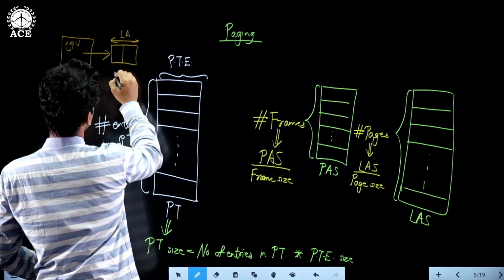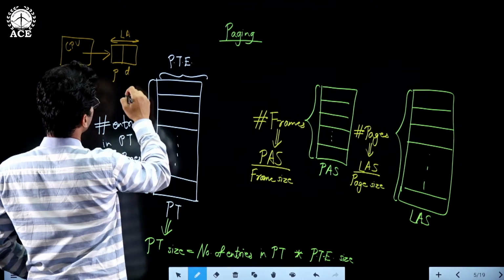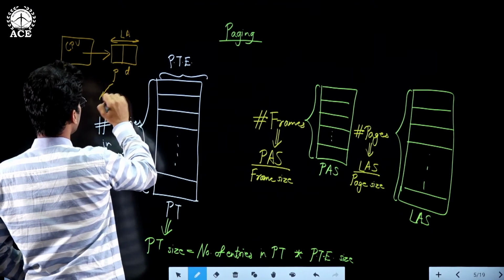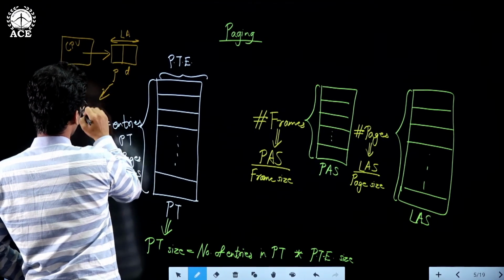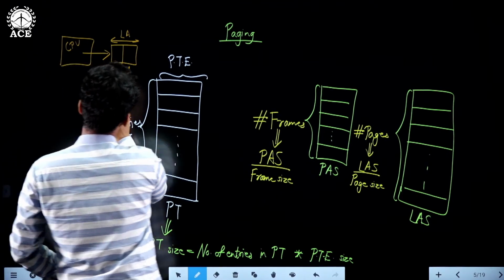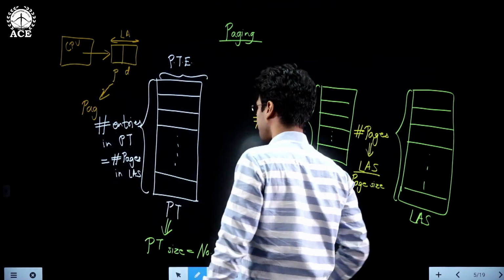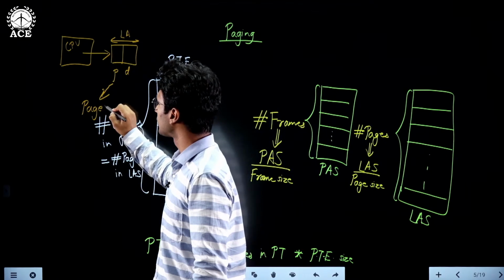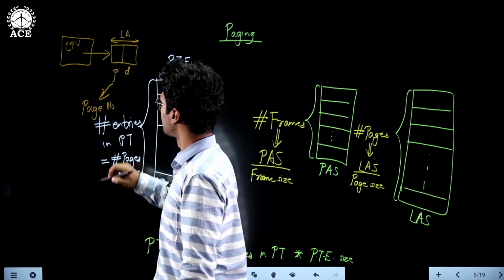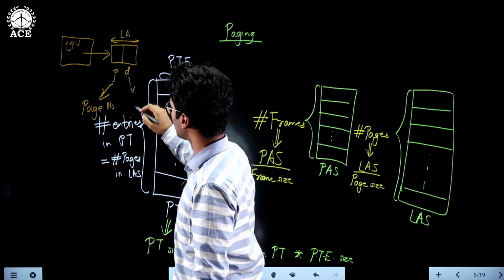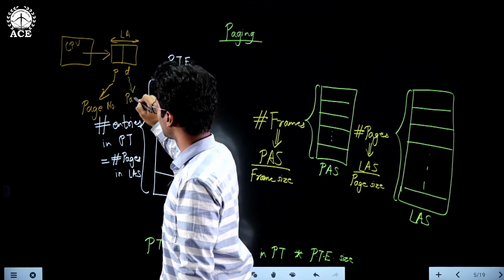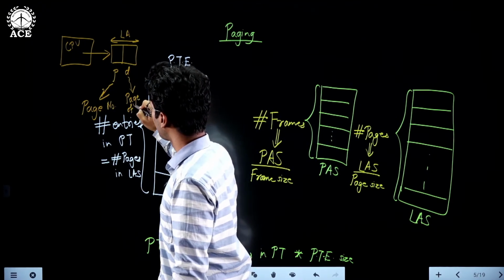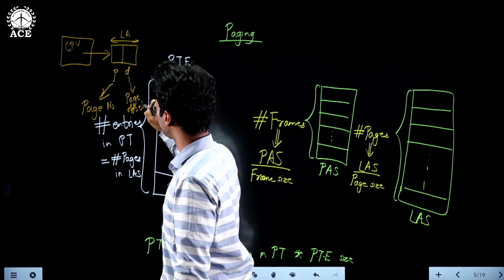See, the logical address consists of this P and D. What is this P? P is page number. What is this D? Tell me fast. Page offset.